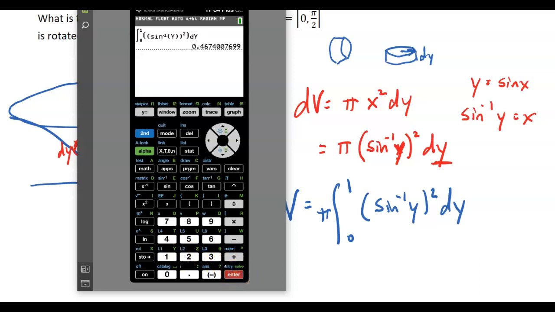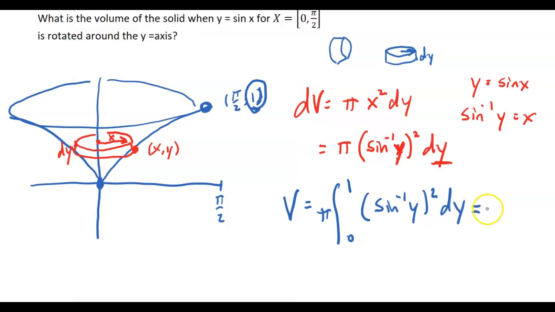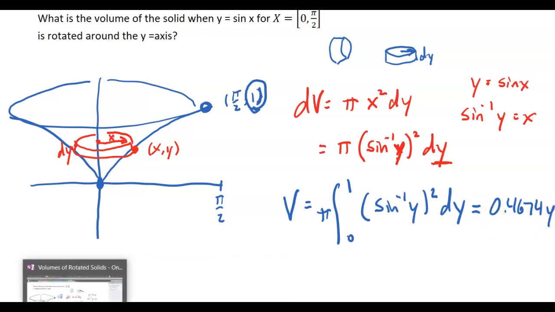Enter. We get 0.4674. And let me make sure that you can see that. Yep, that's our answer. 0.4674 pi, not y. Sorry about that.